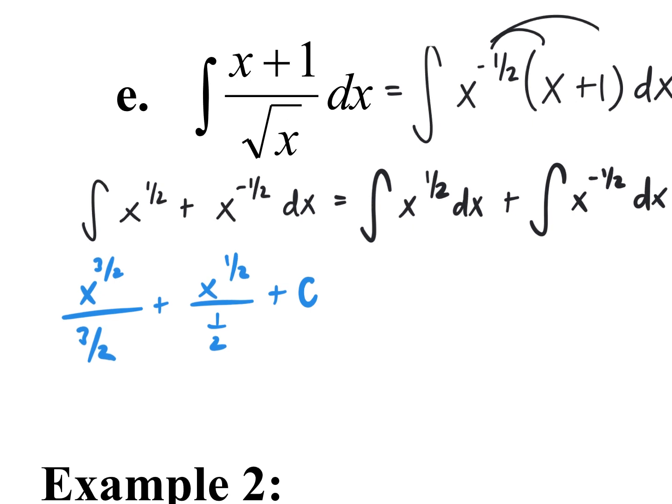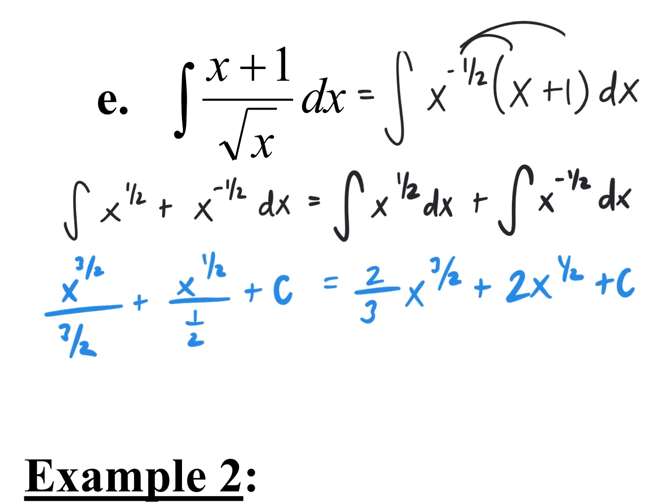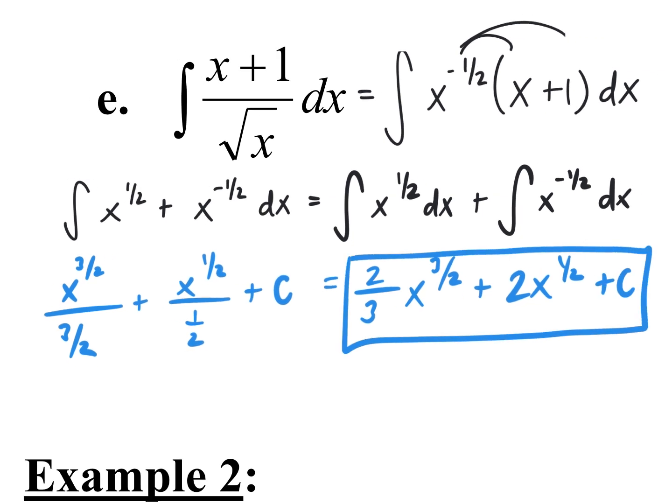And then we can simplify this a little bit nicer so that way we don't have fractions and fractions. So this is actually 2/3 x to the 3/2 plus 2 x to the 1/2 plus c. I always almost forget the plus c. Okay.